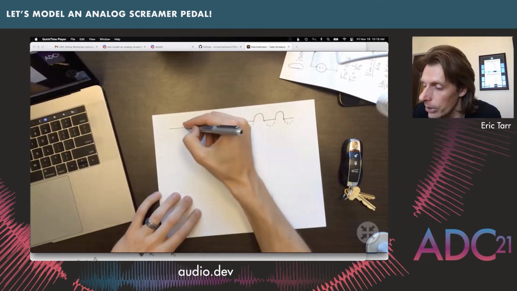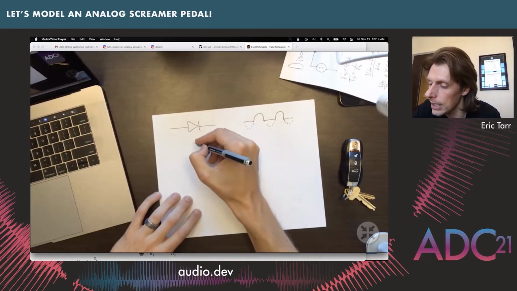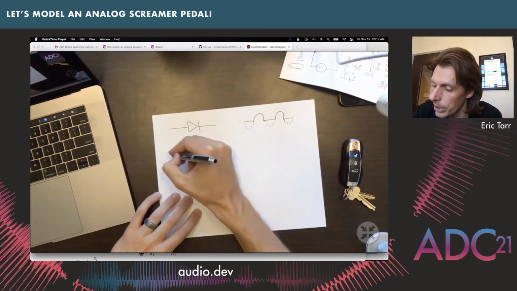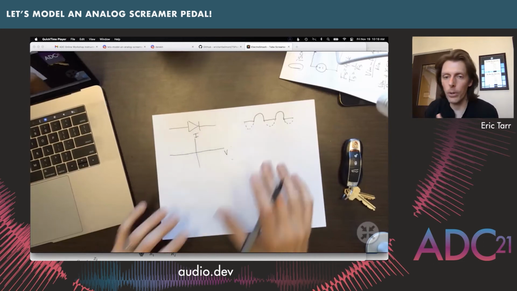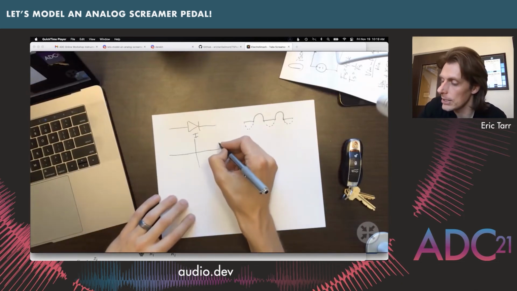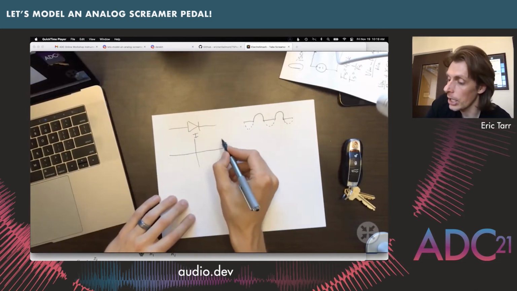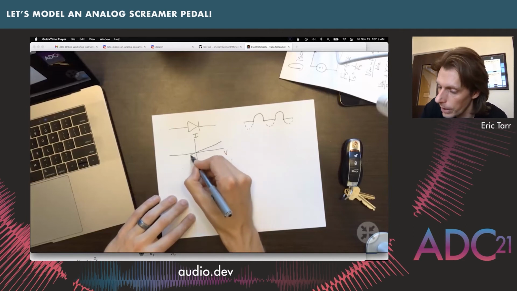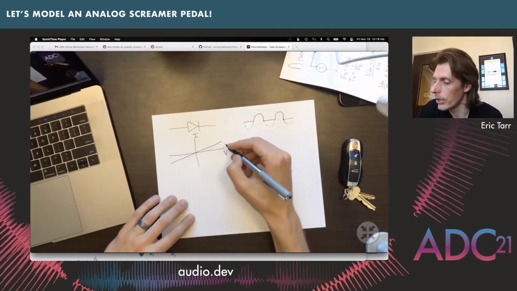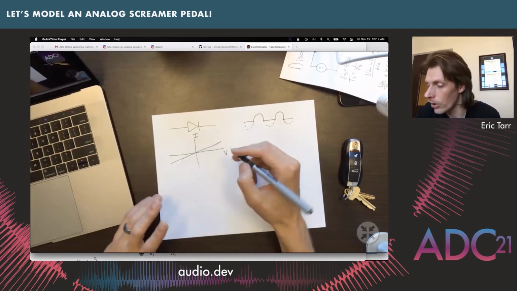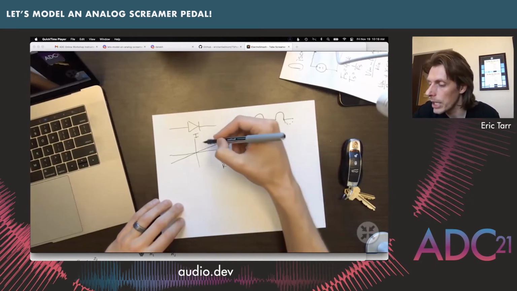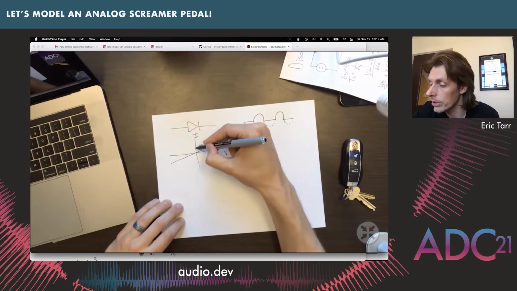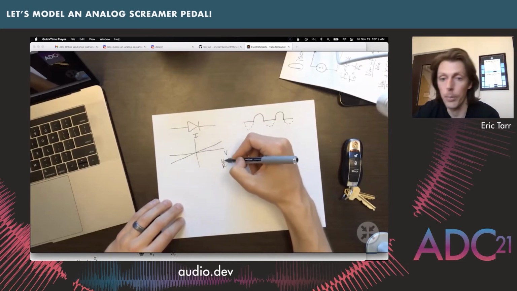Another way to think about a diode is to look at a plot of the relationship between voltage and current. For a simple resistor, whatever the resistance value is, we have a linear relationship, a straight line, where V equals IR, or V over R equals I. As we increase the voltage, we increase the current by some proportional amount.